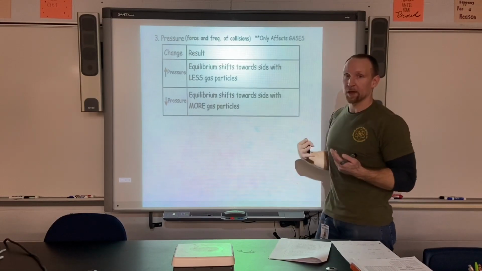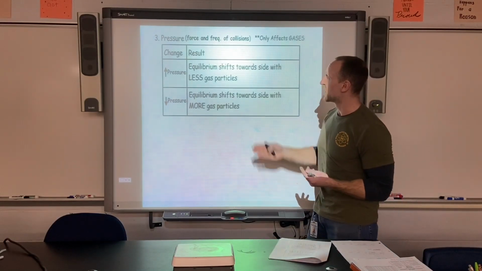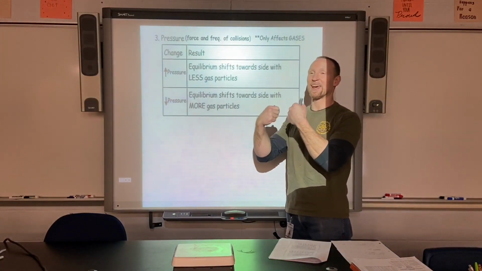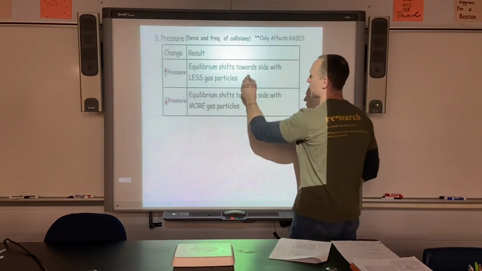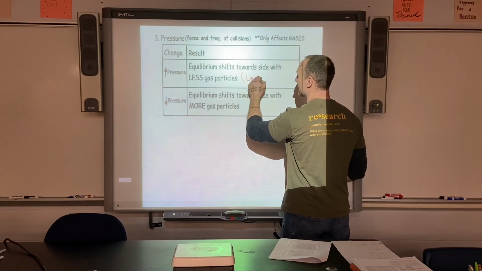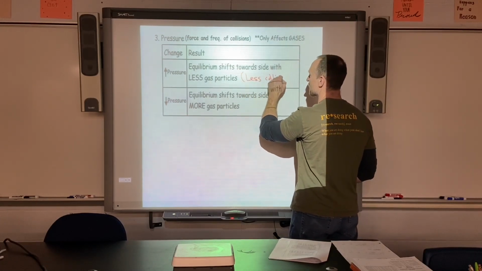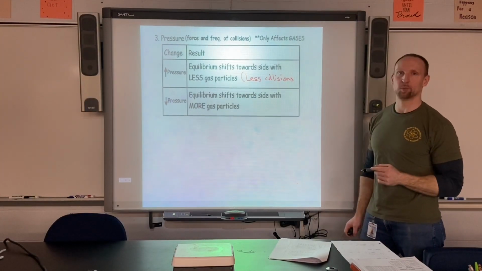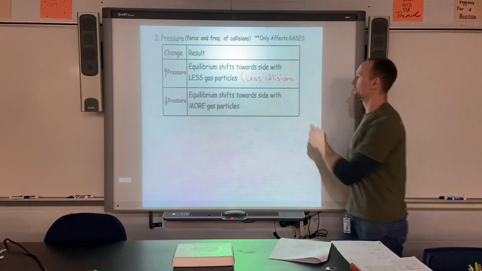So I want to bring that pressure back down. How do I do that? Shift to the side of the reaction with less gas particles, because I'm going to get less collisions. Right, less particles, I'm going to get less collisions. And that's going to bring my pressure back down. That's going to reduce the change.